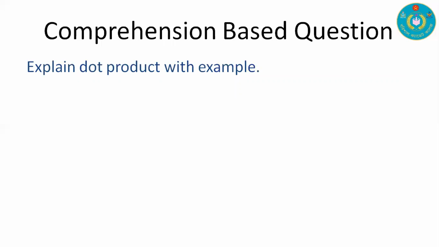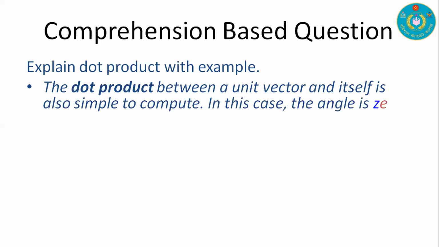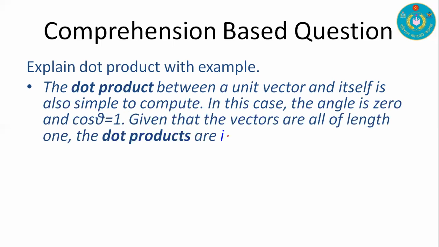Now, comprehension based questions. Explain dot product with example. The dot product between a unit vector and itself is also simple to compute. In this case, the angle is 0 and cos theta is equal to 1.